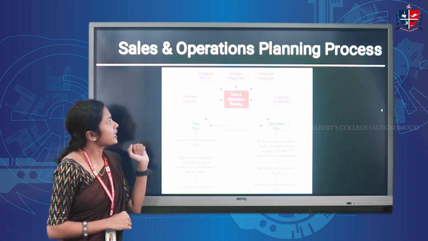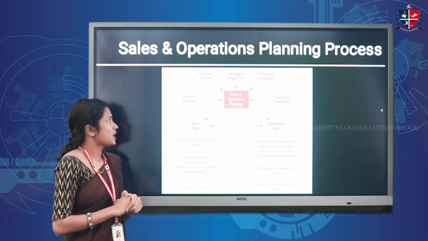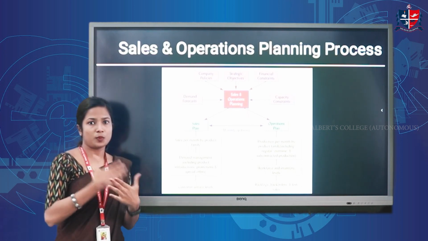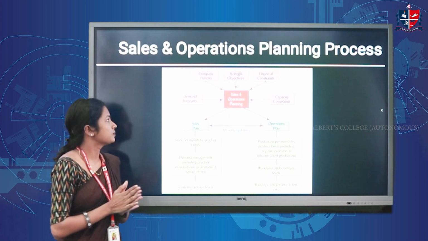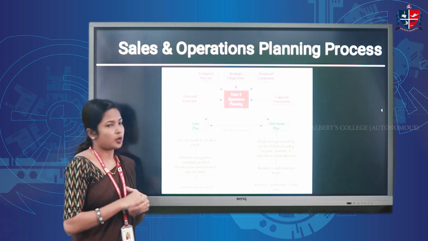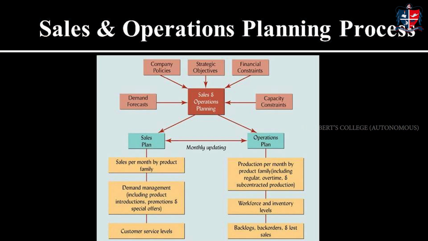The next one is the company policies, that is our company's vision, mission, objective, goal and so on. Next is the strategic objectives. What strategic objectives is the company taking to achieve that plan? Next is the financial constraints, whether our company is capable of doing that production.